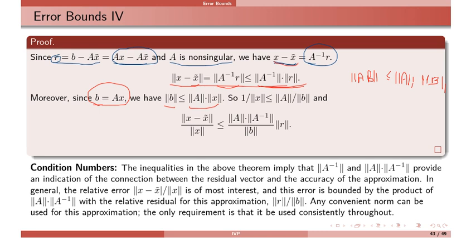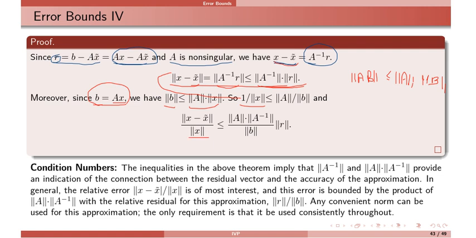Then from this you get 1 by norm of x is less than or equal to norm of A divided by norm of b. Norm is positive, so you can write this. And then you divide this and this: norm of x minus x bar divided by norm of x.